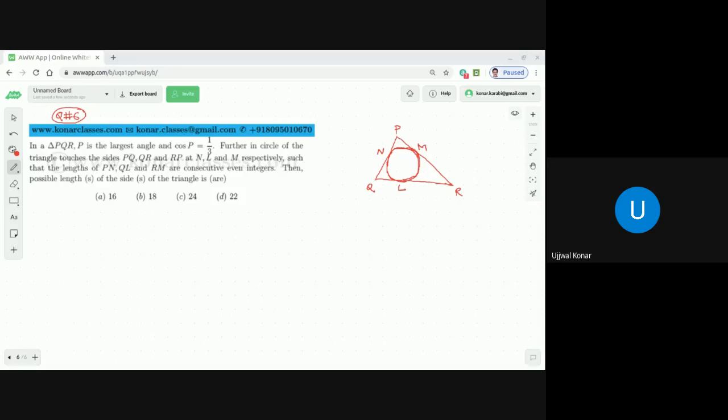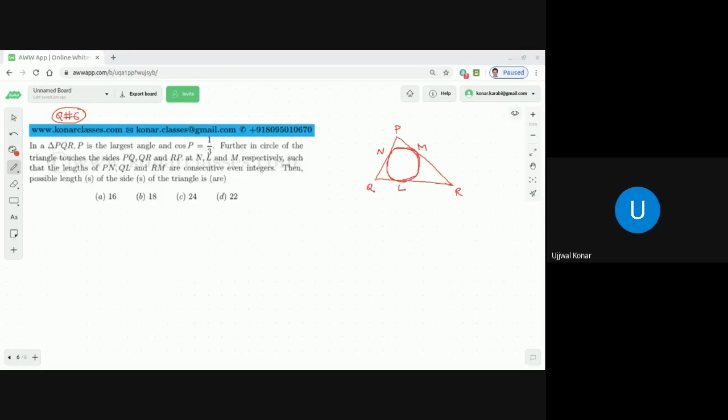To consider their value, the best way of choosing is that, as they are consecutive even integers, we can take the values as 2k minus 2, 2k and 2k plus 2.